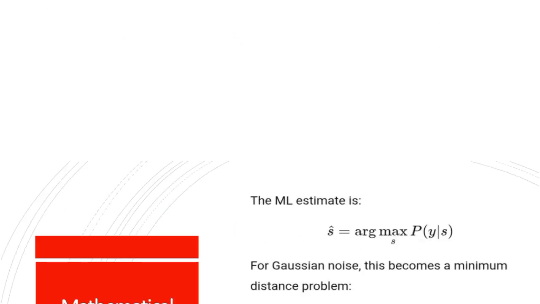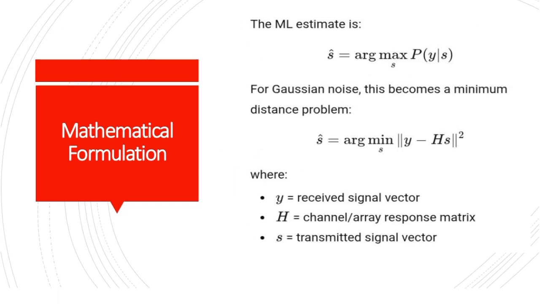The next thing is the mathematical formulation. Here we need to analyze the maximum likelihood estimate. We use the received signal vector, denoted as S bar, and maximize the probability of y given x. That means S is the set of signals we are using, and out of that we see how much output we are receiving.